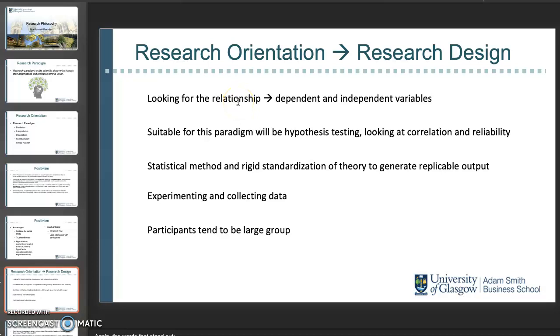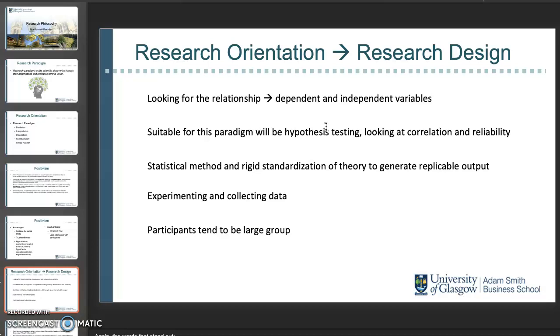In positivism, we are always looking for the real relationship, which is why there will be dependent and independent variables, right? So if you are a positivist, you look at the relationship between two or more variables. So it is suitable if we want to do hypothesis testing, or look at correlation and reliability.